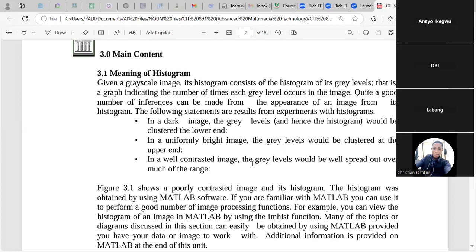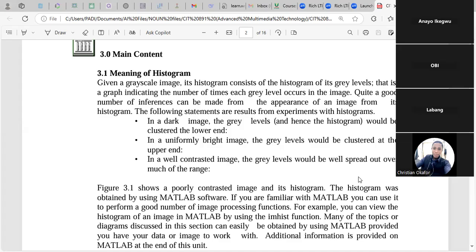So what this is telling us is that in a dark image, the gray levels, with the help of a histogram, would be clustered at the lower end. When you want the brightness to be uniform, the gray level would be clustered at the upper end. In the same way, the gray level would be well spread out over much of the range.